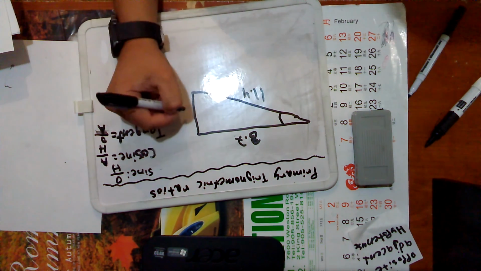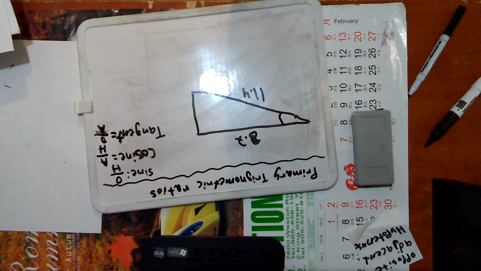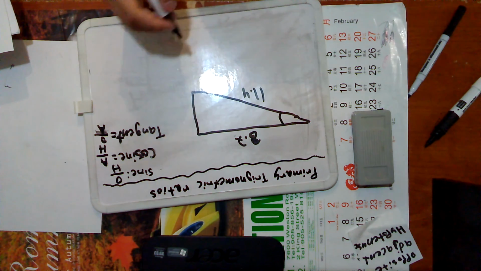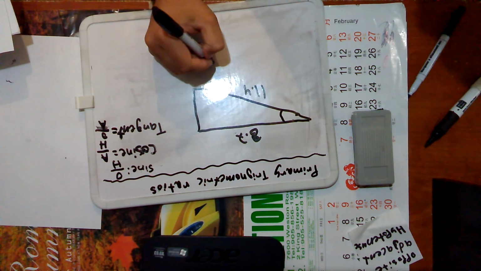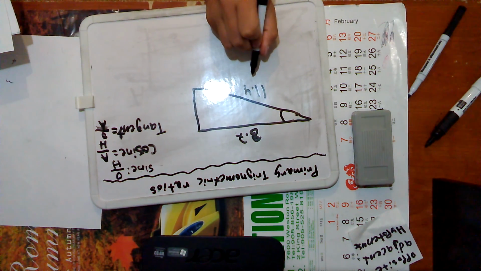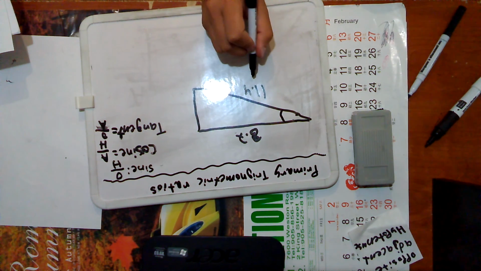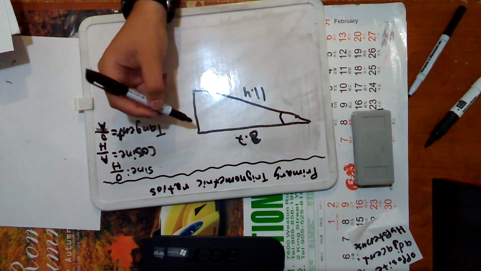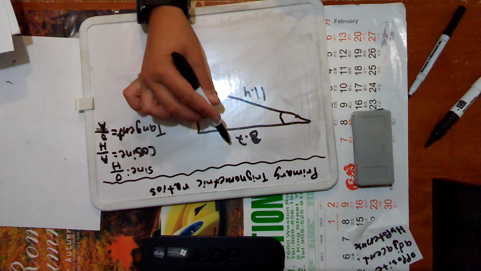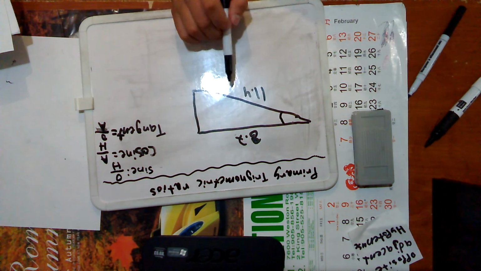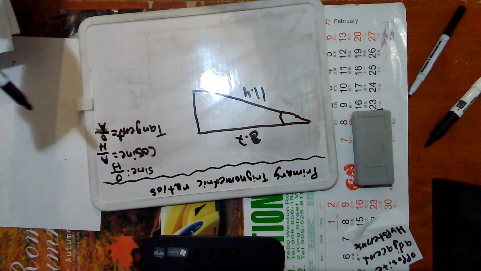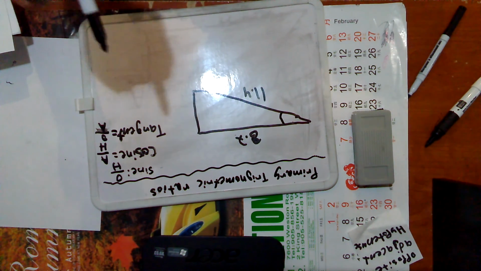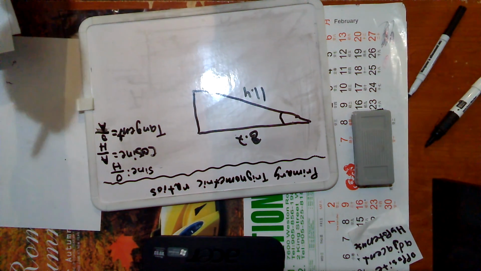You want to find here. So what do you do? The Pythagorean theorem. This is the longest side, so this becomes C. Let's just say this is A and this is B. The Pythagorean theorem is a squared plus b squared equals c squared, right?